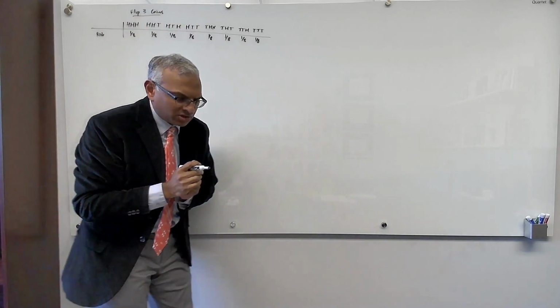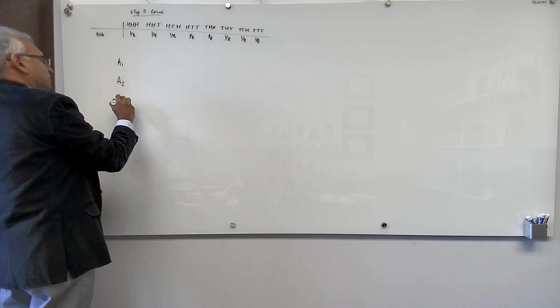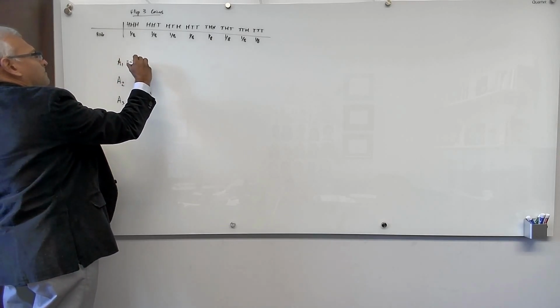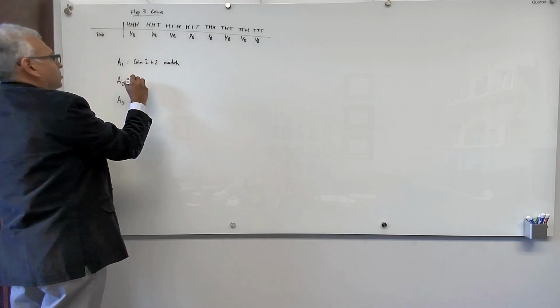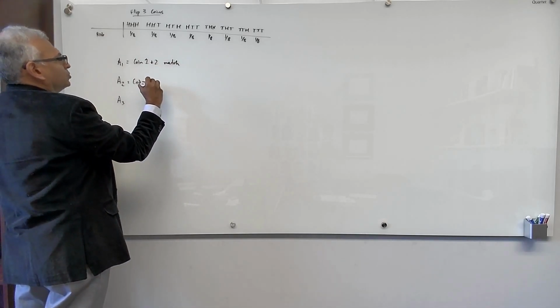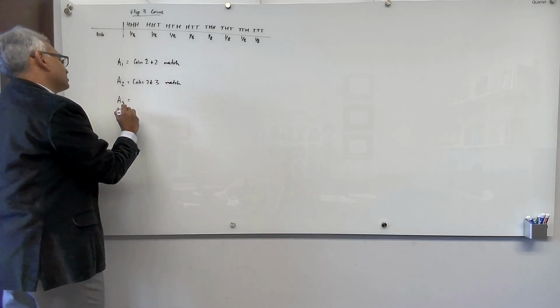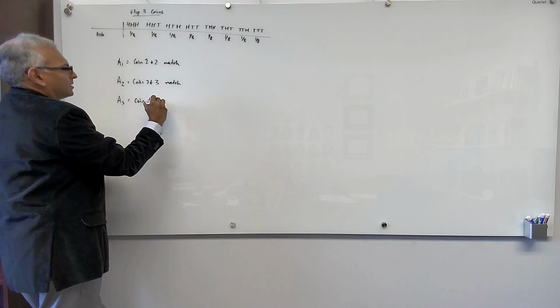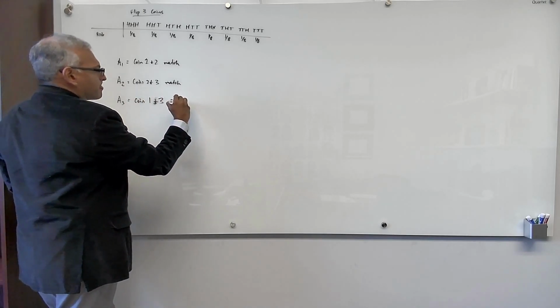Now I'm going to define 3 events: A1, A2, and A3. A1 is the event coins 1 and 2 match, A2 is the event coins 2 and 3 match, and A3 is the event coins 1 and 3 match.